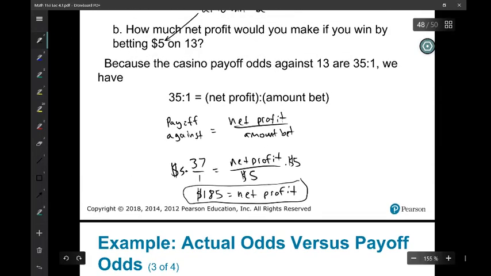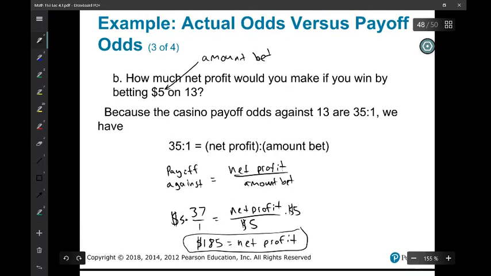The casino uses payoff odds of 35 to 1, so I'm actually answering the next question. So the casino is not going to use the actual payoff odds against. It's going to take a small cut even if you win. So it uses less favorable odds.